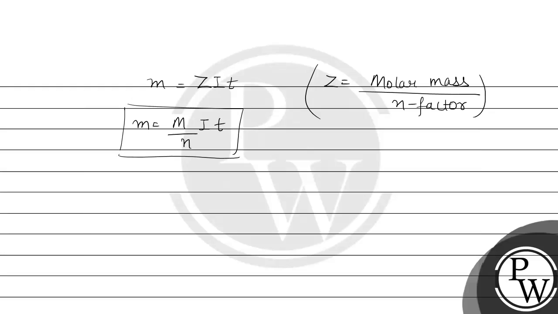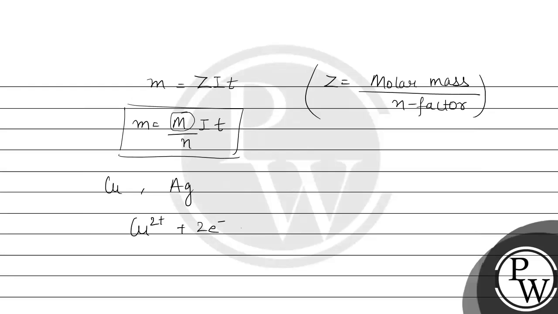Here we can see the mass deposited is dependent on the molecular mass, for copper and silver. First, the molecular mass of both is different, and the n factor will also differ, because copper will be in the 2+ state.